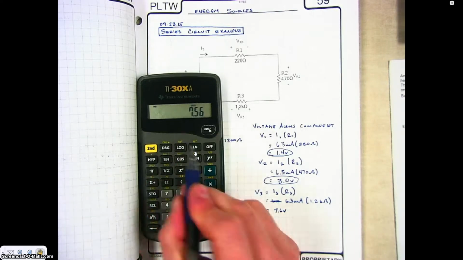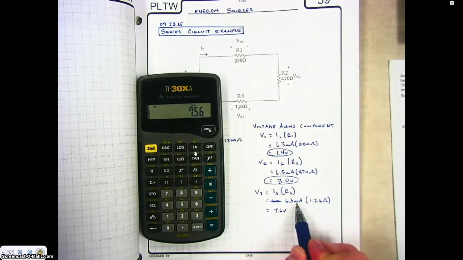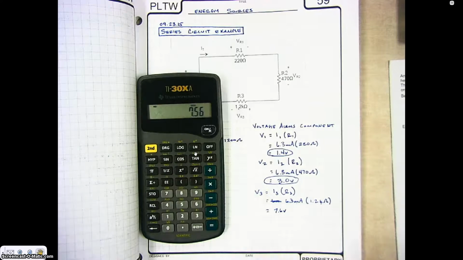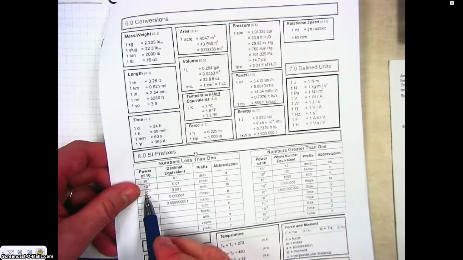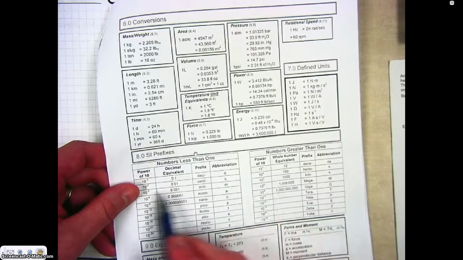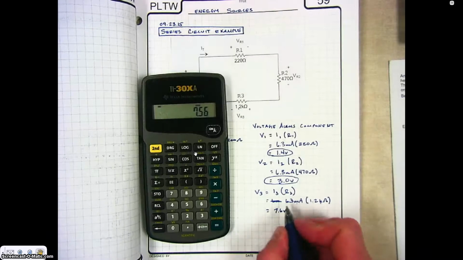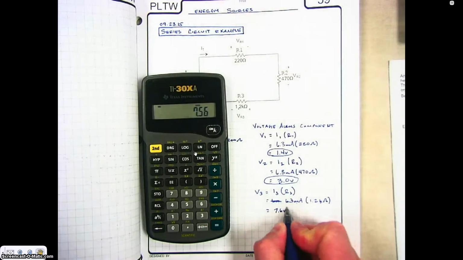And notice this time that because this milliamp and k ohm cancel each other out, 10 to the 3 and 10 to the negative 3, we don't have to convert anything. Our answer is already in the voltage unit.